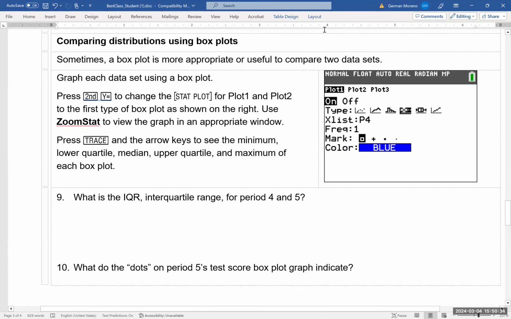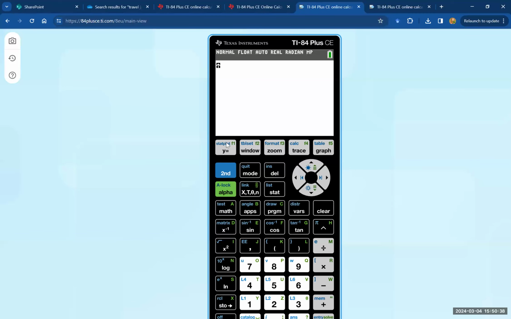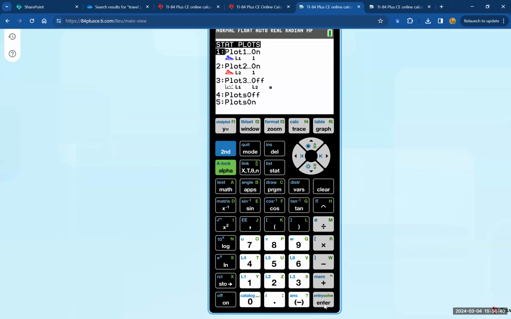I'm going to go back to the calculator, and I'm going to go back to the plots, but I'm going to leave them on. And the nice thing is those are much easier to see. But I'm going to turn the box plot on, and now I need to turn it on for the second plot. And make sure I press enter.